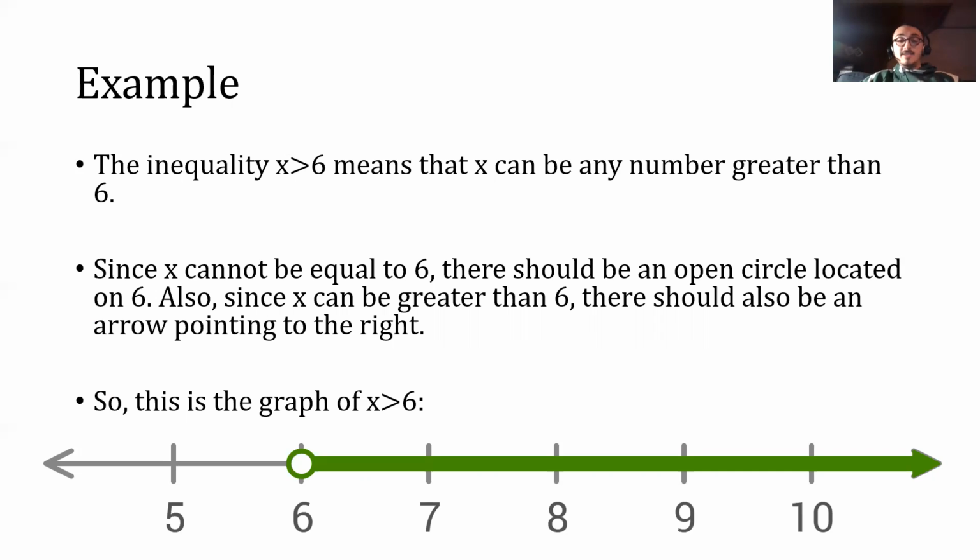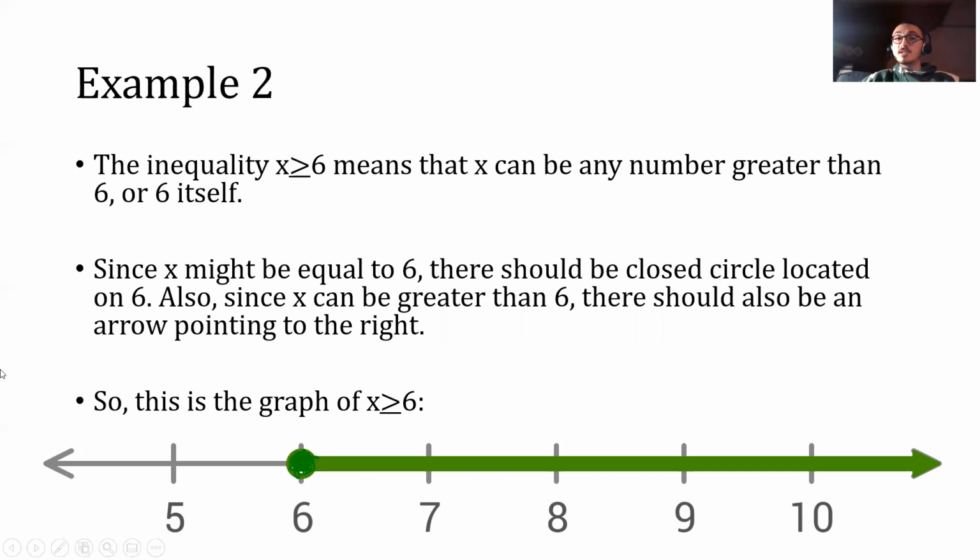So the example on the next slide is going to be our last slide, actually, and it's pretty much word for word of this slide, except the only difference is that we have x is greater than or equal to 6, which means that x can be any number greater than 6 or 6 itself. So since x might be equal to 6, we don't know, but it might be, there should be a closed circle located on 6.